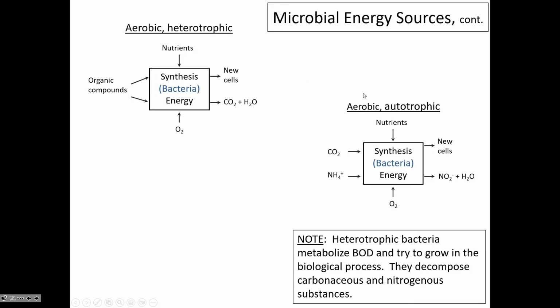Now, aerobic autotrophic cells are going to be using carbon dioxide rather than organic materials, and instead of just forming carbon dioxide as the output, they're forming nitrite and water.